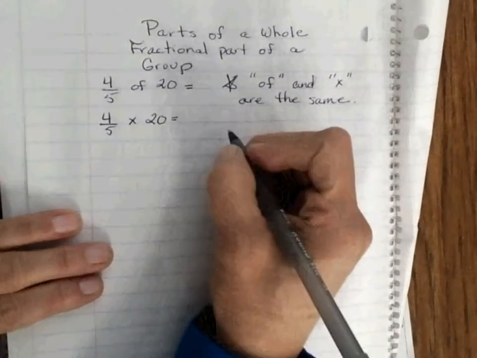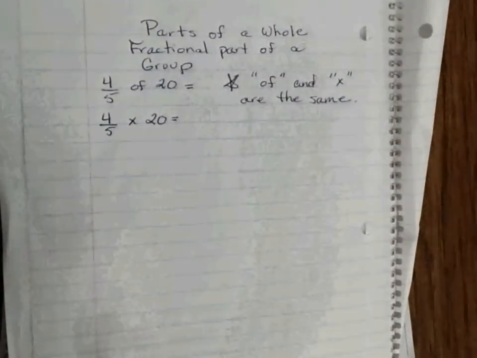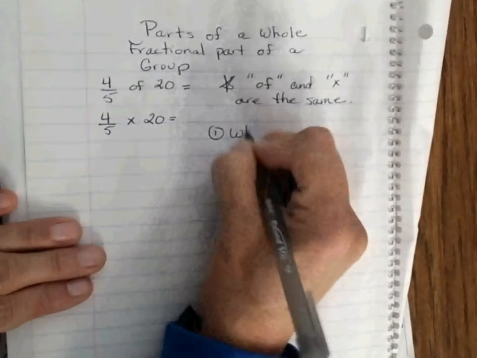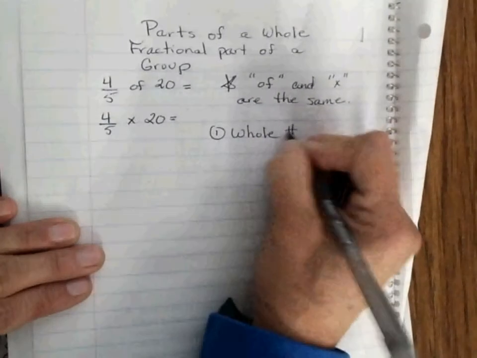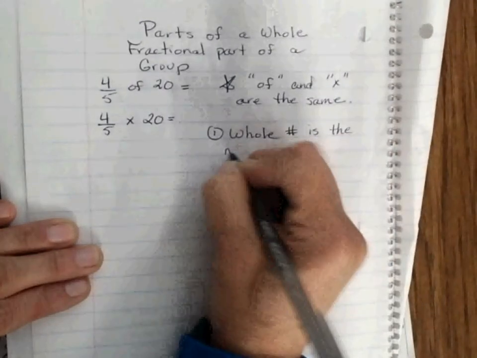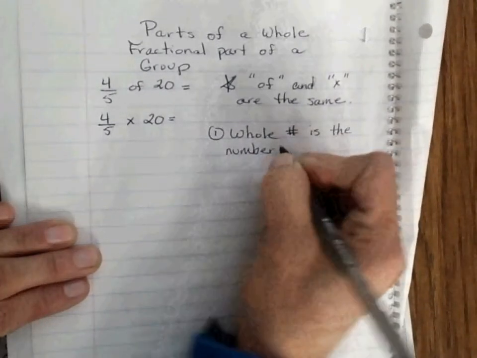So I'm going to set this up with a picture or a model. Okay, now when I draw the model, my whole number is the number of counters to draw.